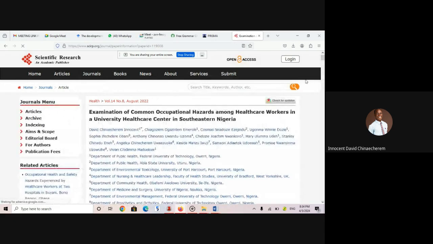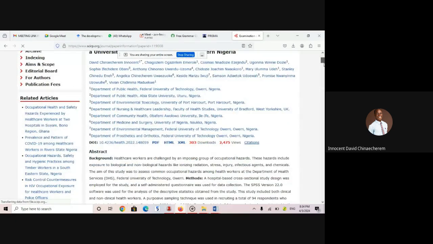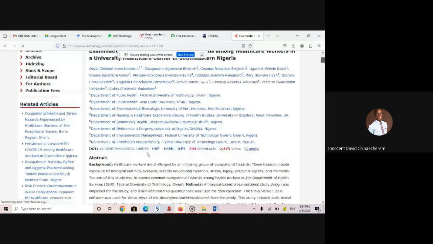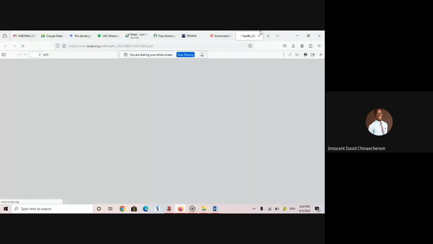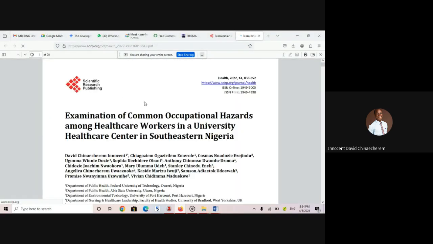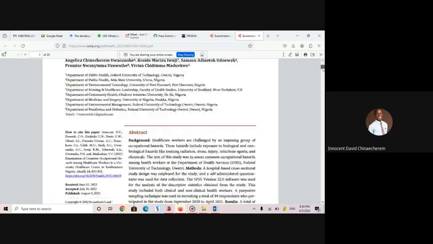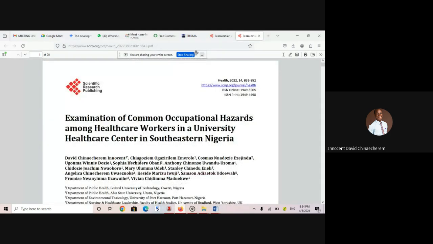I'm going to be using this publication as an example. Now I'm going to bring three other publications that are in line with this for us to perform our quality assessment.